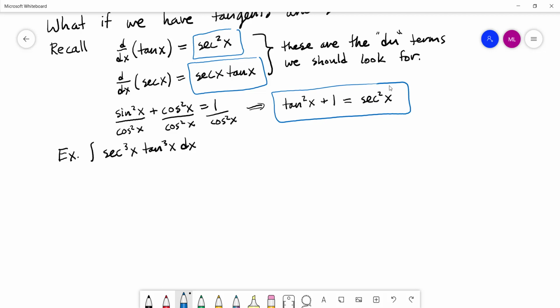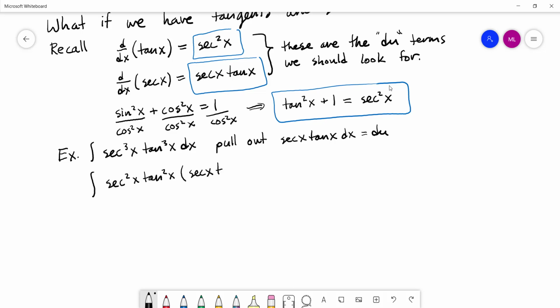Hopefully that makes sense. So for our du, I'm going to pull out a secant x tangent x, and the dx in a sense. Pull that thing out and call it du. And we will rewrite this as secant squared of x tangent squared of x times secant x tangent x dx.